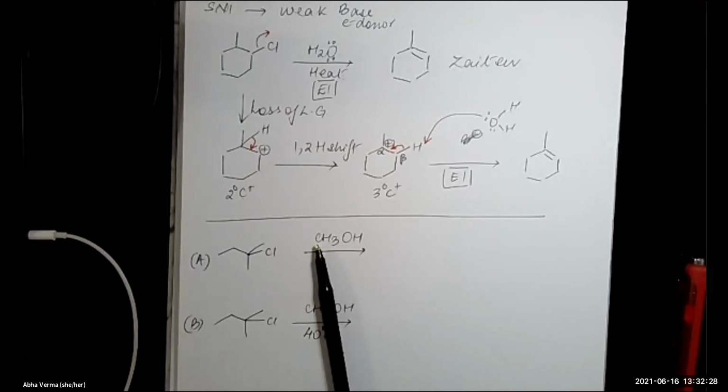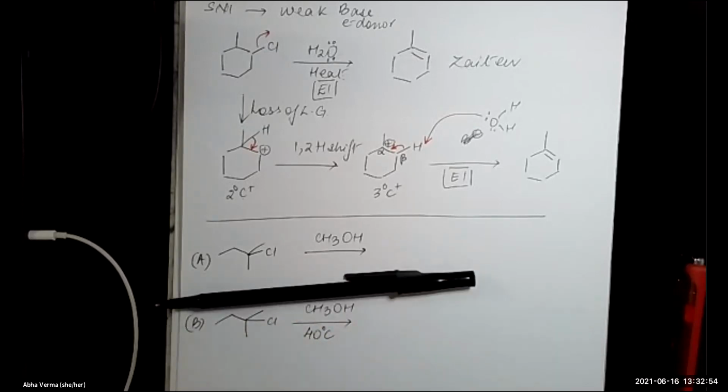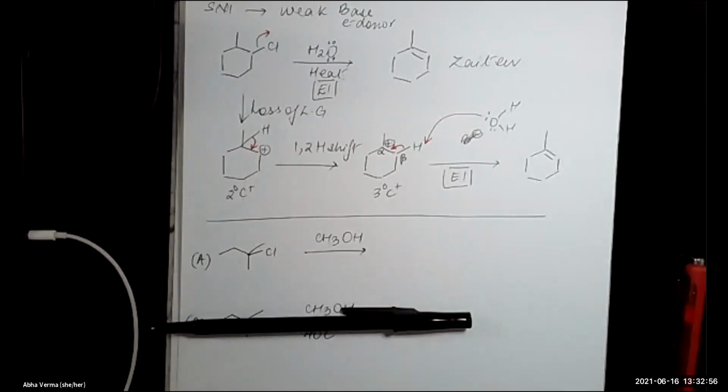So your poll has started now. For the following reaction, this reaction A, which mechanism will operate? Think about the starting material. Think about the electron donor. And think about what all you need for all the five kinds of mechanisms.